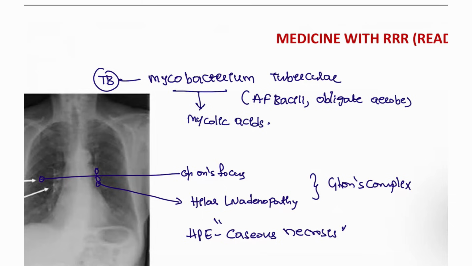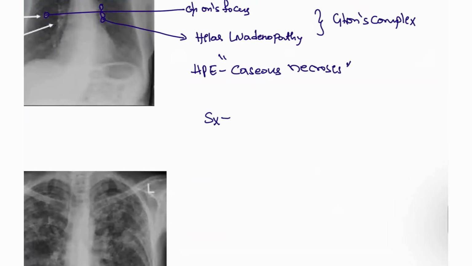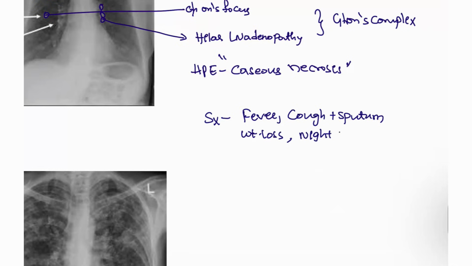The other symptoms are the same: fever, especially in the evenings, cough with sputum. The patient will have significant weight loss and also night sweats. These are the symptoms commonly seen in this patient, right?